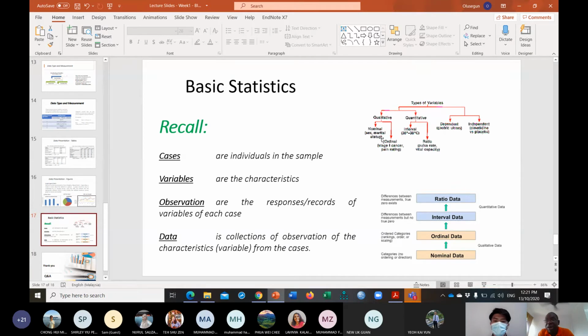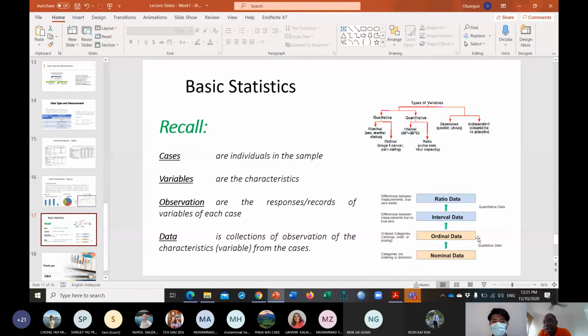Under here, I have again what could be nominal data or a nominal variable, what could be ordinal data or ordinal variable, and also interval and ratio data. Then the other slide here is trying to show us that we can go from nominal to ordinal to interval to ratio.